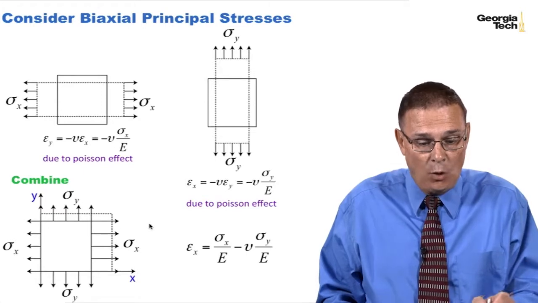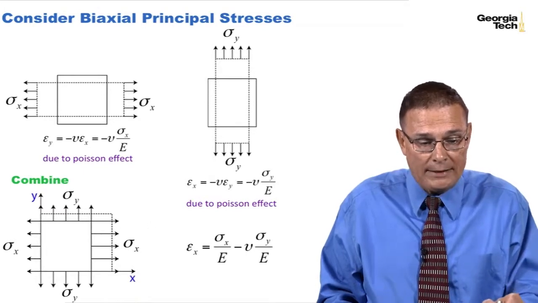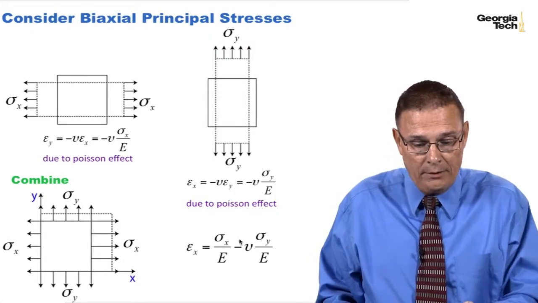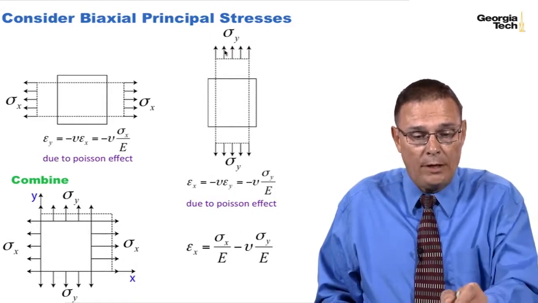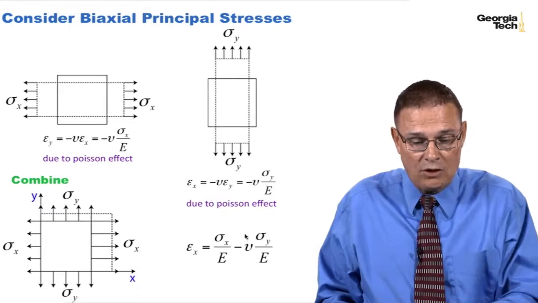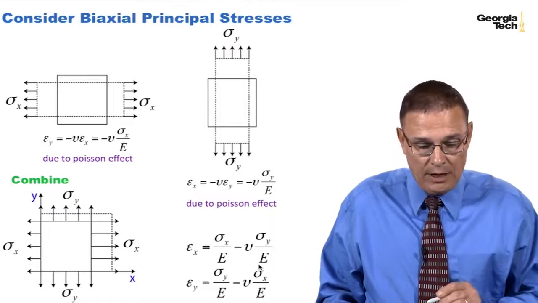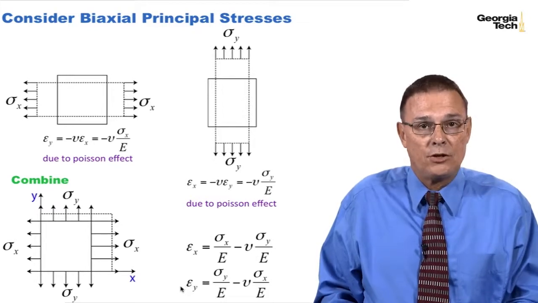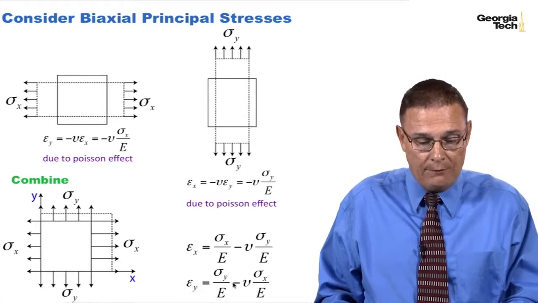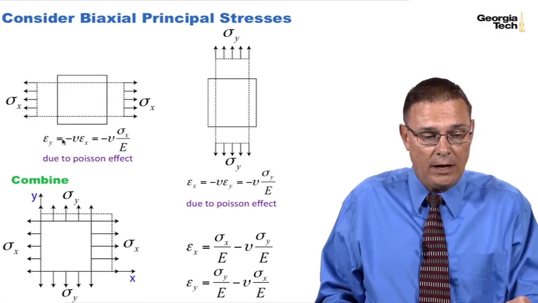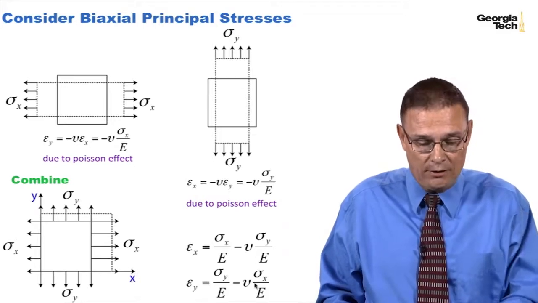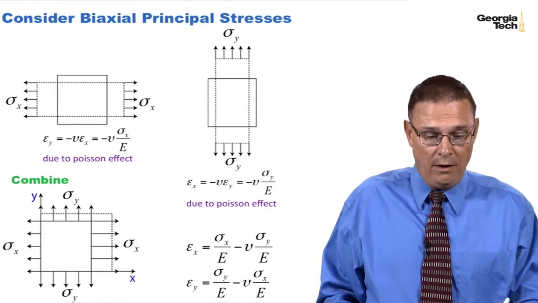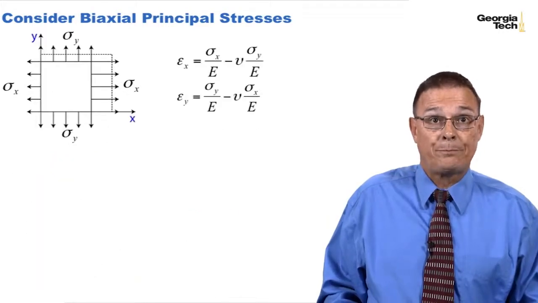But then we're also going to have to subtract out the Poisson's ratio effect from biaxial loading in the y direction, and that's shown here. And then I can do the same thing for epsilon sub y. It's equal to sigma sub y over E, but I've got to subtract out the Poisson's effect due to the stresses in the x direction, and we get this result here. And so that's a combination of loading in both of the directions.